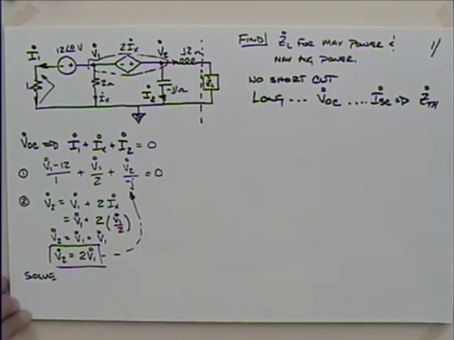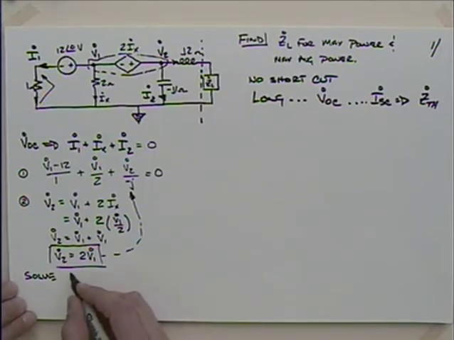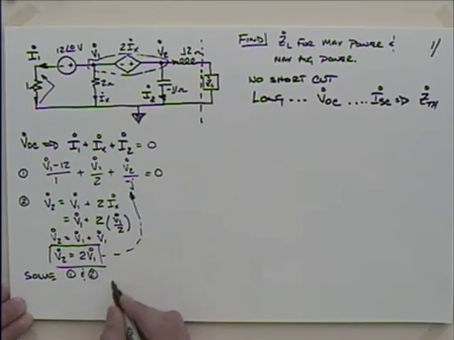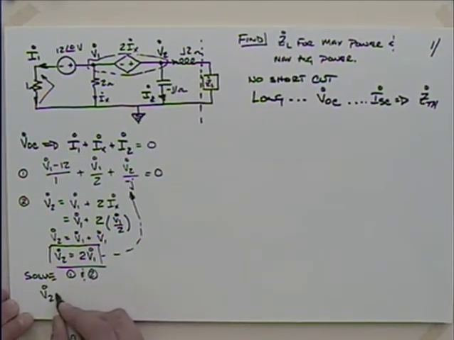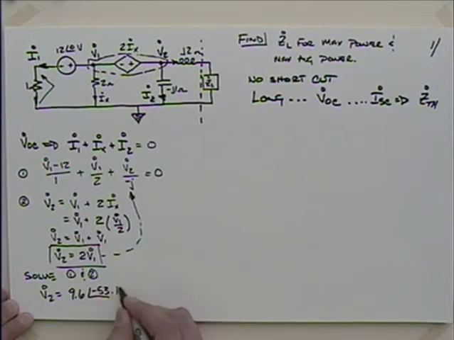Do you want me to go through the solution of those equations, or will you solve those equations? Everyone's okay with that? Okay, so solve equations 1 and 2, and you'll get V2, which turns out to be equal to 9.6 at an angle of minus 53.1, and that's volts.